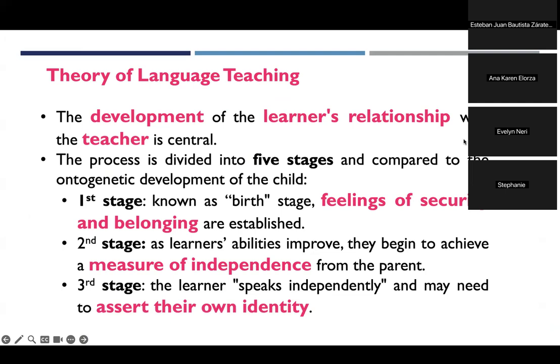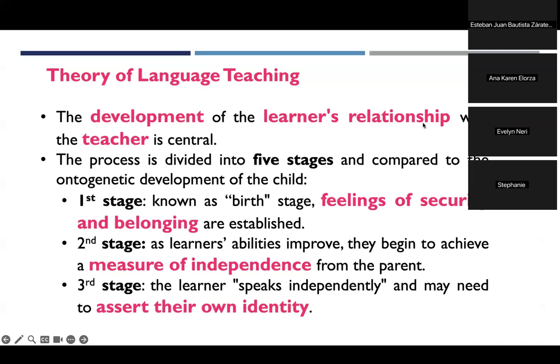And those stages are also compared with the human development, or as it says, ontogenetic development of a child. The first stage is known as the birth stage. And what's the characteristic of the birth stage? Feelings of security and belonging are established by the teacher, in this case with the student.